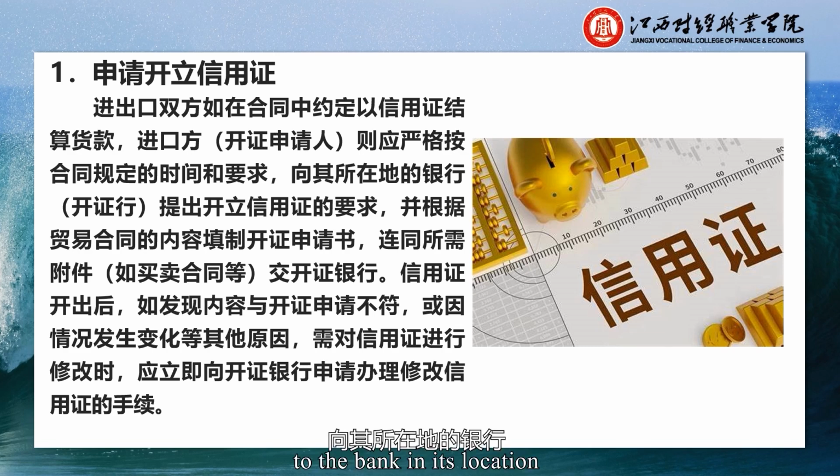The importer submits the request for opening the letter of credit to the issuing bank in its location according to the content of the trade contract, fills out the letter of credit application form, and submits it together with the required attachments such as the sales contract to the issuing bank.